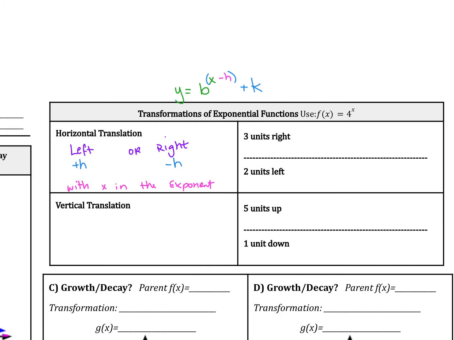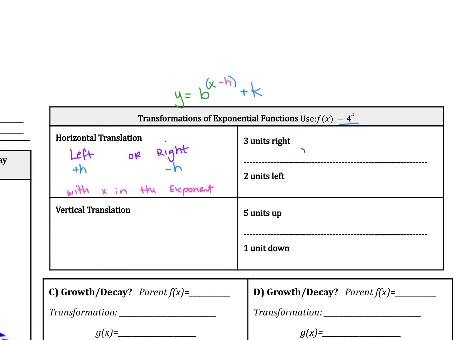So 3 units to the right, we're going to use 4 to the x, and then to the right means a minus 3, and it's all in the exponent. Then, still using that same function, g of x equals 4 to the x, to the left will be a plus 2.